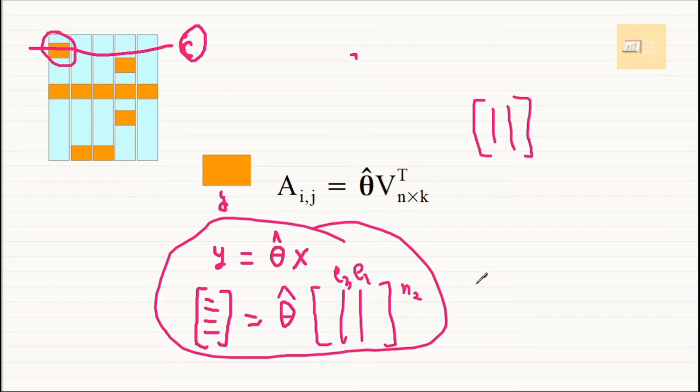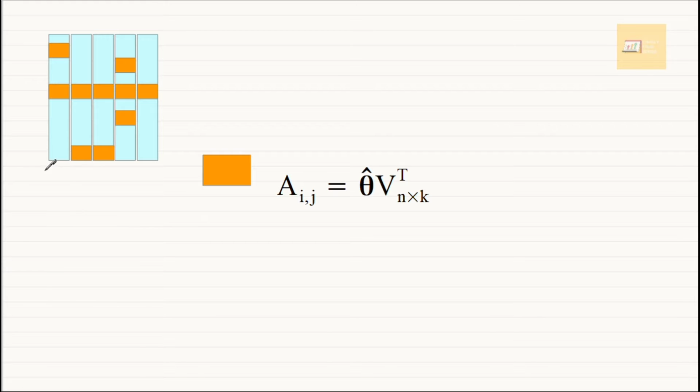So as you can see, for each missing value, we will have a slightly different regression problem. So like for the last observation, let's erase all the ink first. For this last observation, again, y equals theta hat times x. Our y would be a vector of only 3 values, because we have only 3 observed values in this observation. And then the theta is still the same.